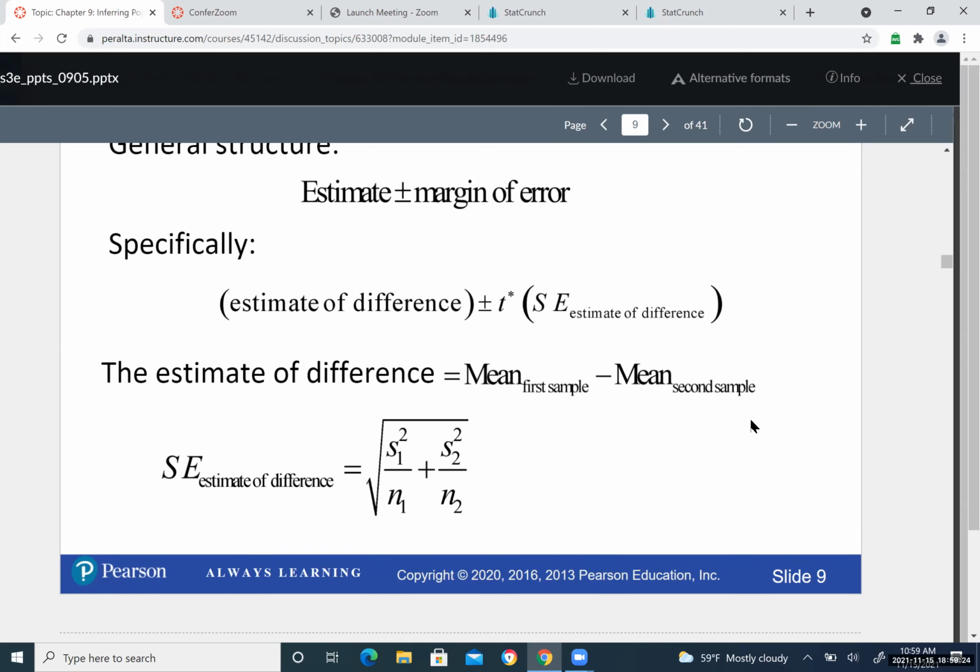When we compute by hand, you use this formula, because I don't remember the formula exactly. So SE, the estimate of the difference between two groups, equals the square root of s1 squared divided by n1 plus s2 squared divided by n2.